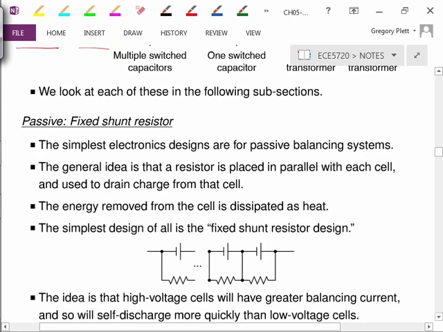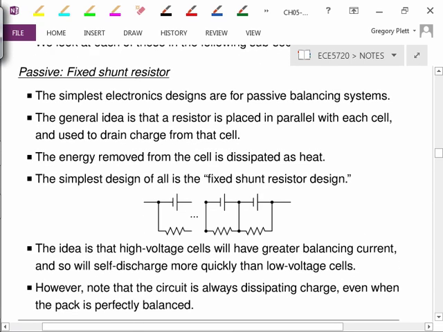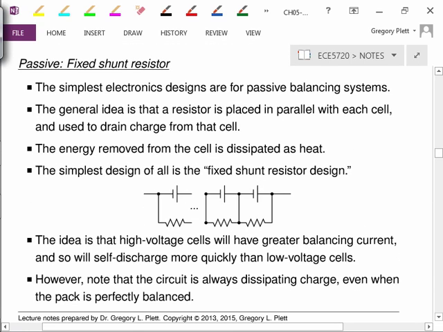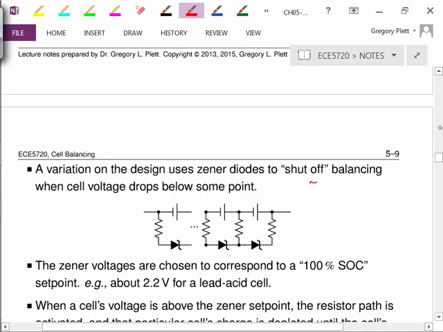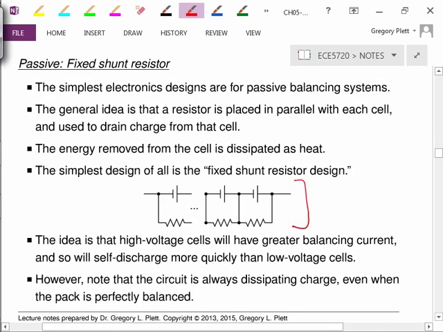Looking first at the absolute simplest balancing system possible, this is the idea of a fixed shunt resistor. Here is the battery pack design. You see that we have a lot of cells. There's the positive terminal, there's the negative terminal, and in parallel with every cell we have a resistor that is permanently physically connected.